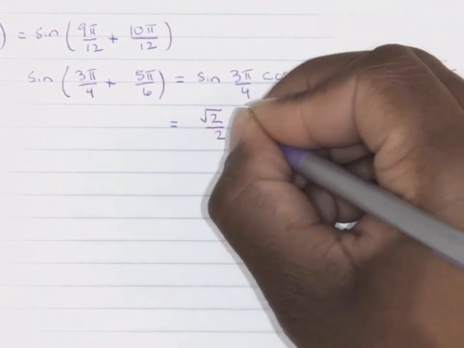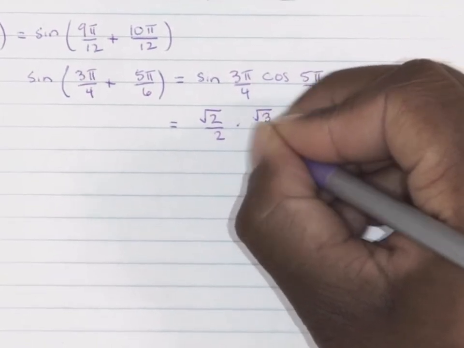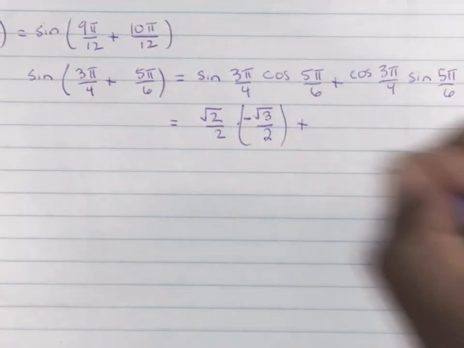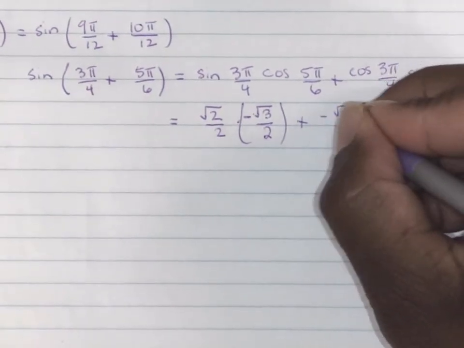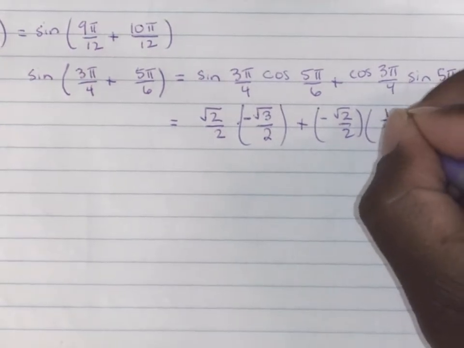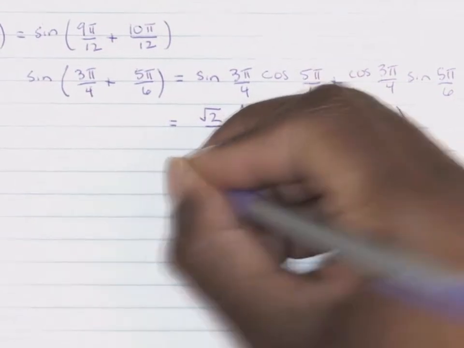Root 2 over 2 times negative root 3 over 2 plus negative root 2 over 2 times 1/2. So these are just using my unit circle to get the exact values.